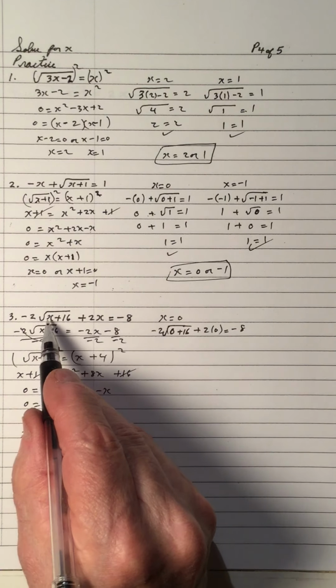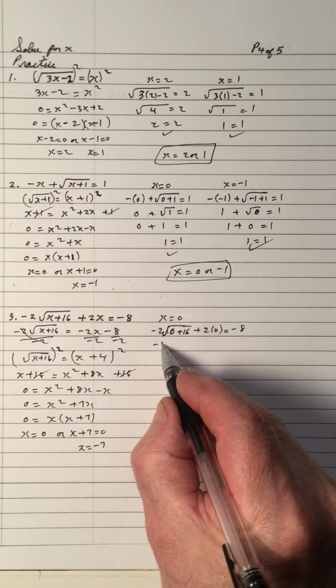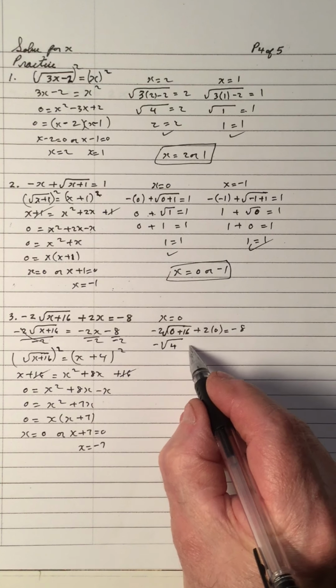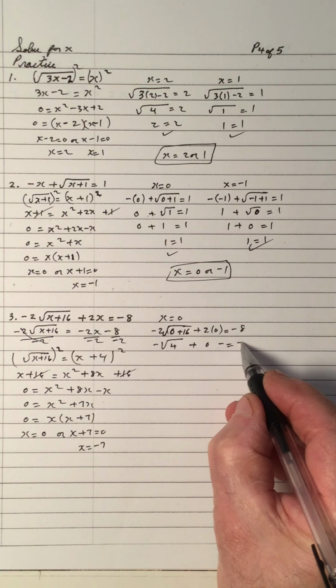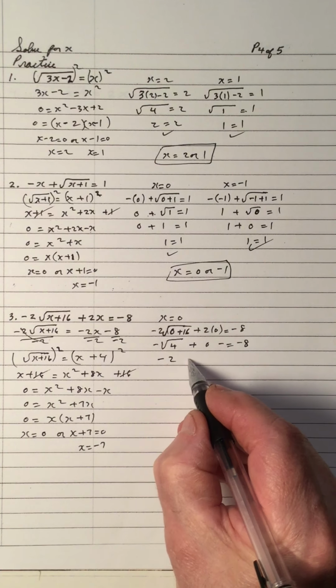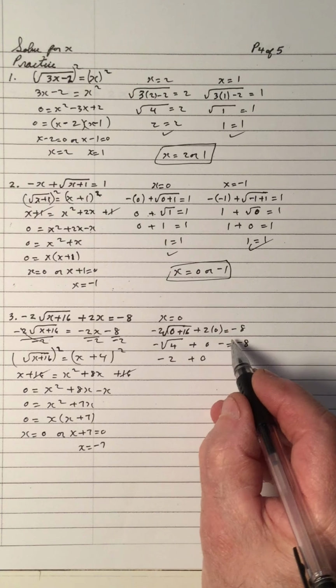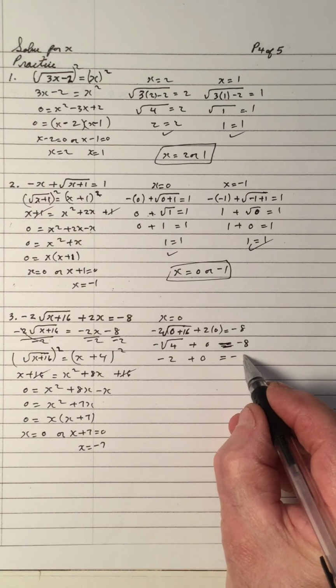So I put 0 right here, and I put 0 here, put brackets around it. Square root of 4 is 2. Equal sign there.